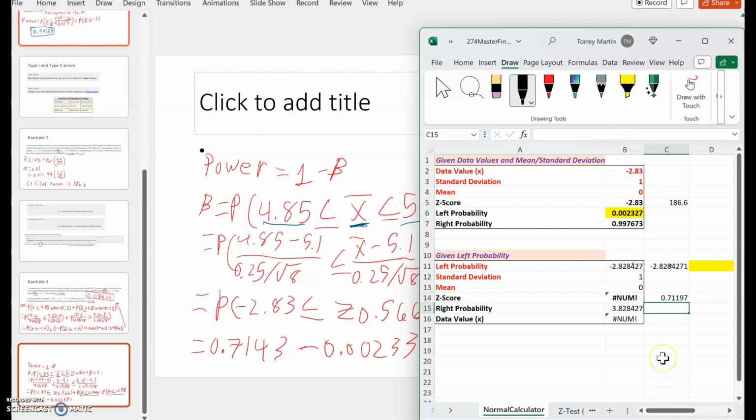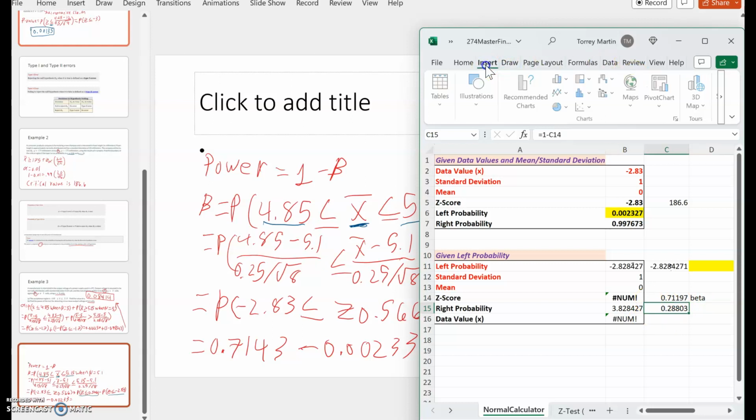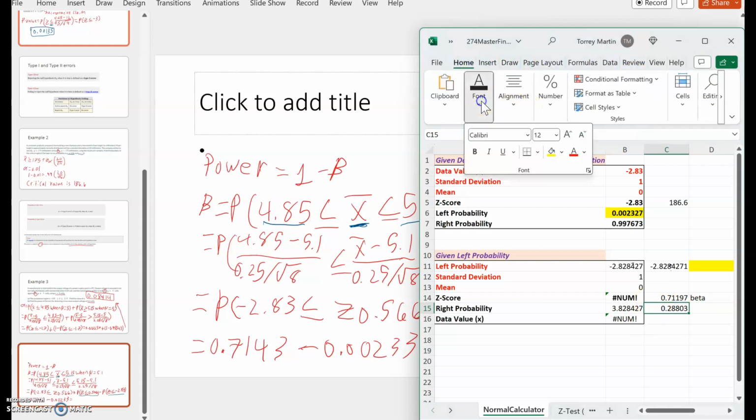That'll get me 0.71197. And remember, power is 1 minus beta, with this being beta. So then this will be my answer. All right, there you go.